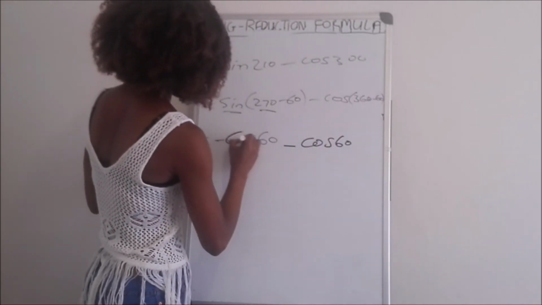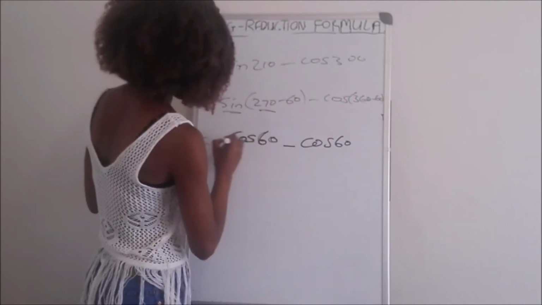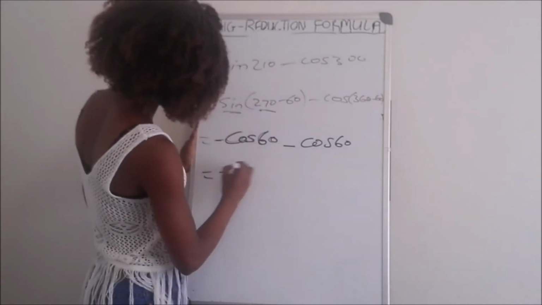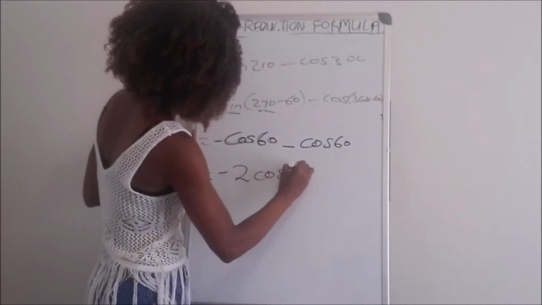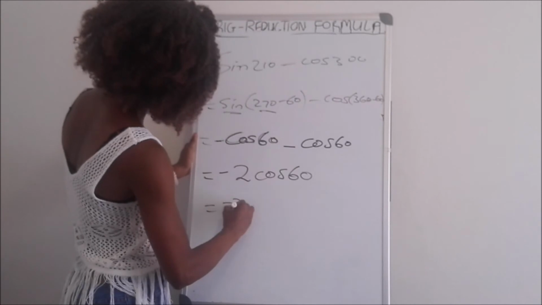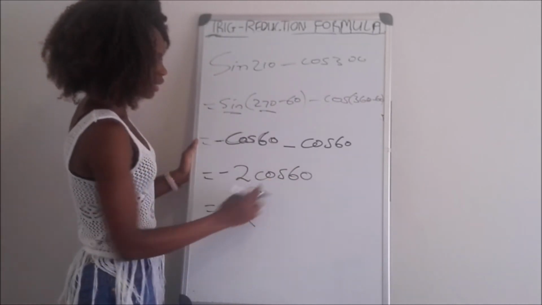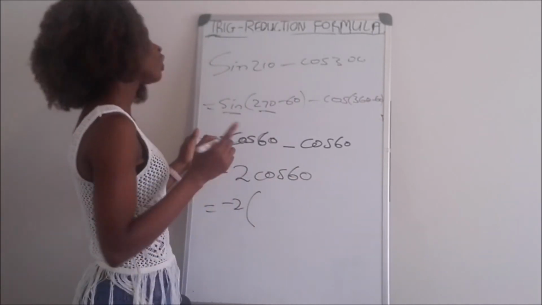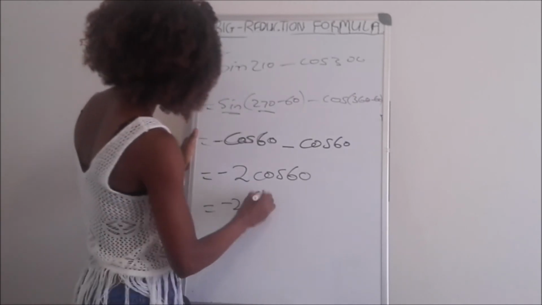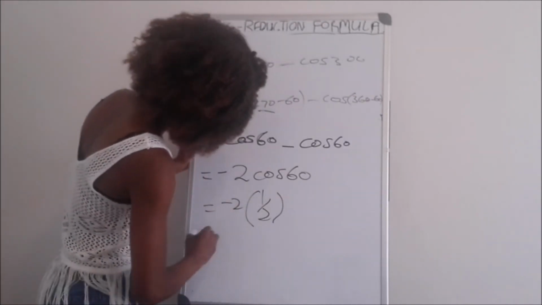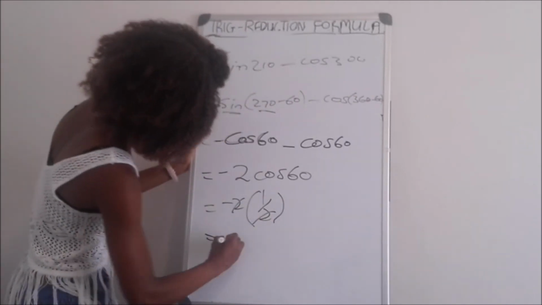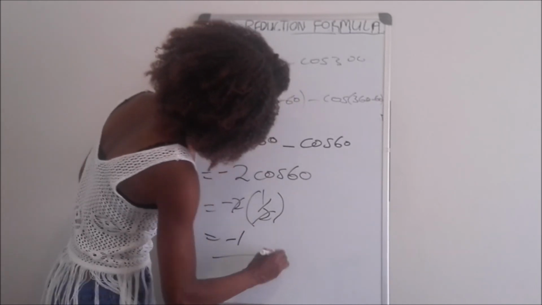From here, what we have is negative 2 cos 60. We know that cos 60 is the same as sin 30, which is equal to 1 over 2. This and this will cancel out, and the answer is negative 1.